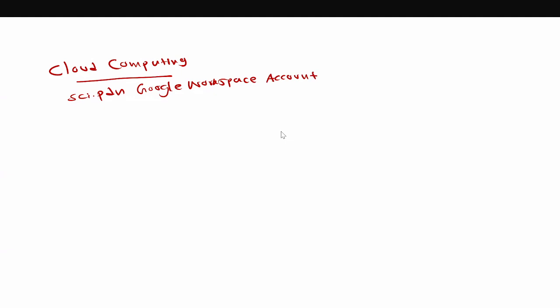This is managed by Google, not by us. But we are also managing certain components, that is the email creation and all those things. What is managed by Google is the hardware, the servers. To provide an email address or a workspace account, there should be servers. So hardware means servers, and this is managed by Google.